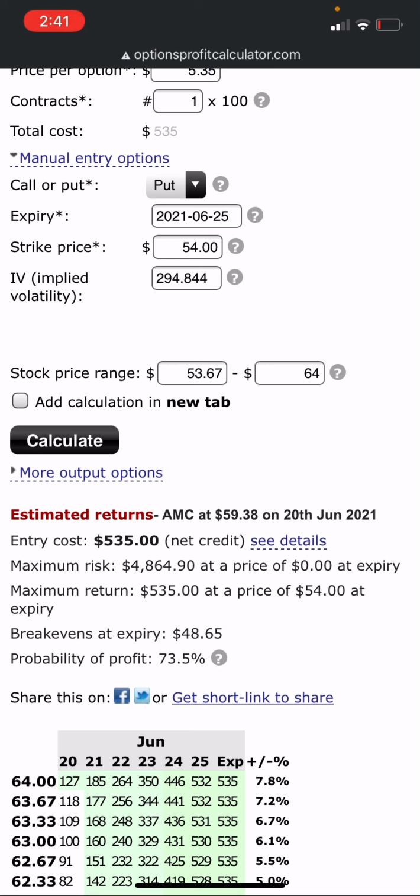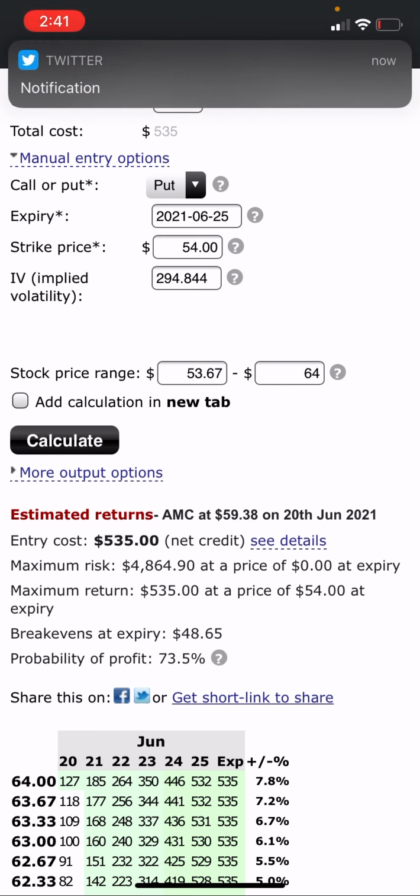Now let's say the price is $80, and it's more valuable. So now you receive a credit of $80. Since you receive a credit of $80 minus the $40 debit that you paid, you have a net profit of $40.